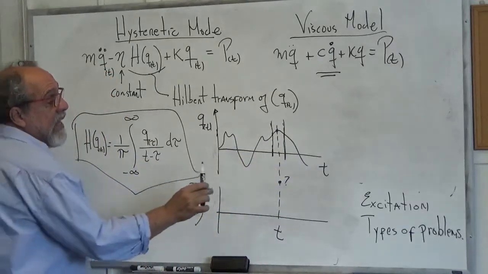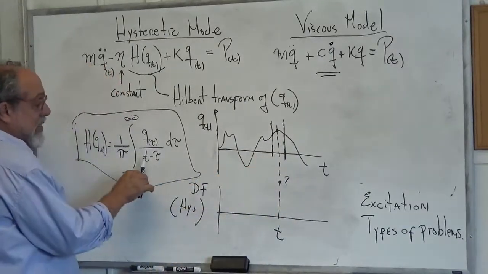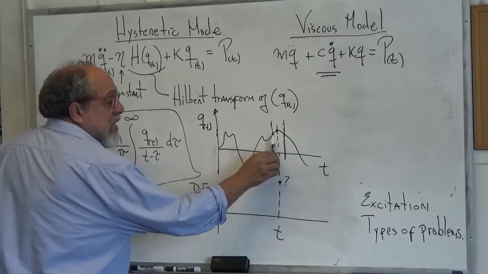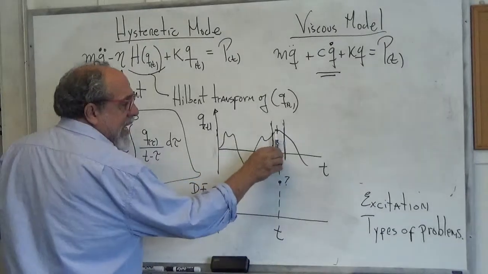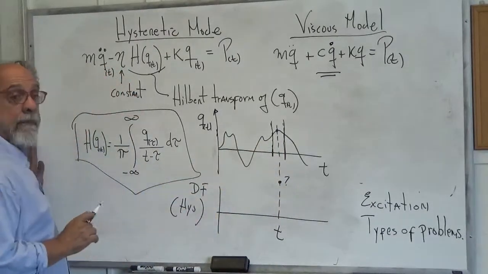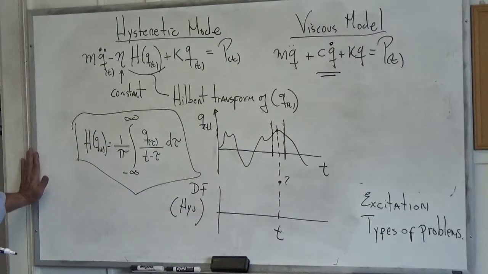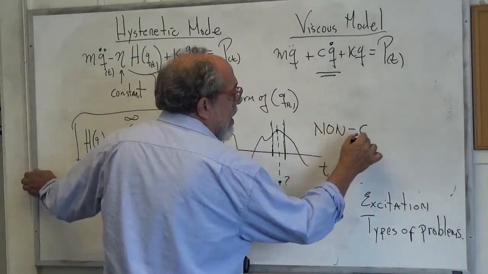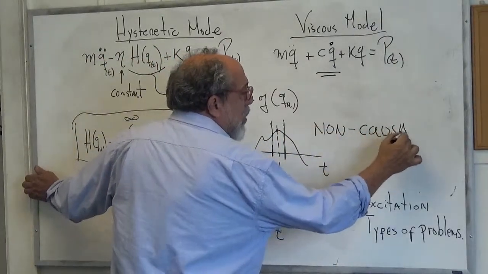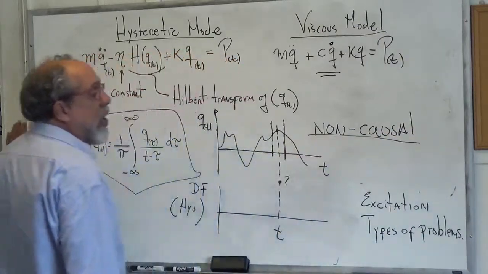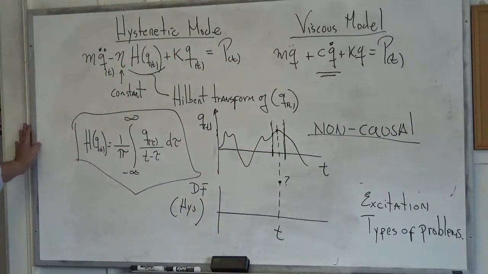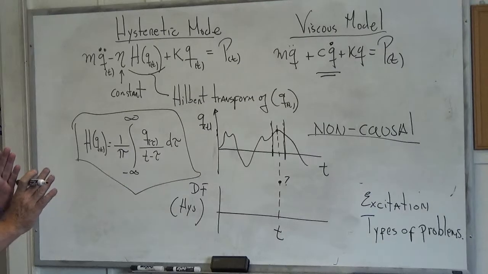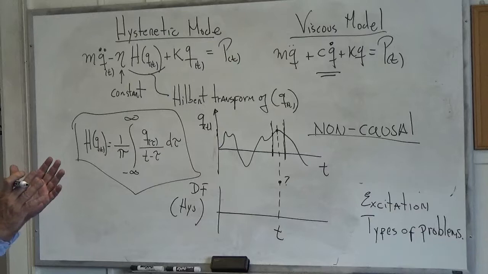However, it's still symmetrical with respect to t. So the future just in front is as important as the past just in back, right? Interestingly, this model is what we refer to as non-causal. And we know that real physics are always causal, meaning that the effect has to be preceded by the cause.